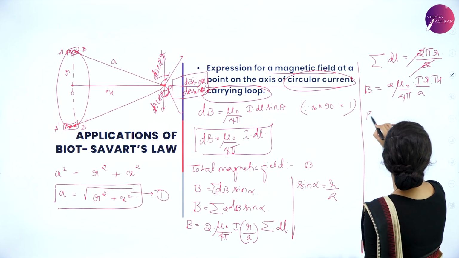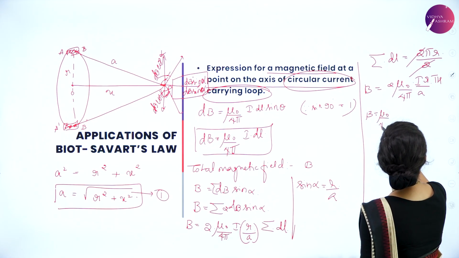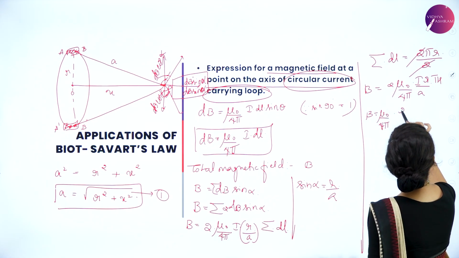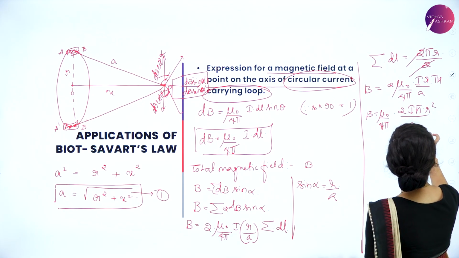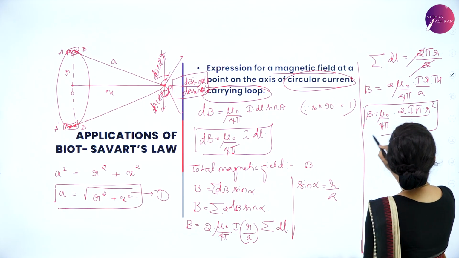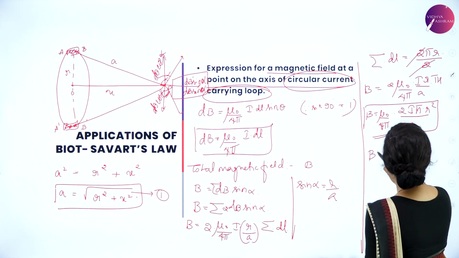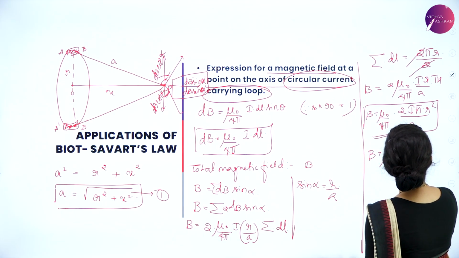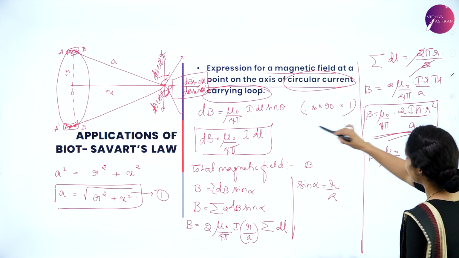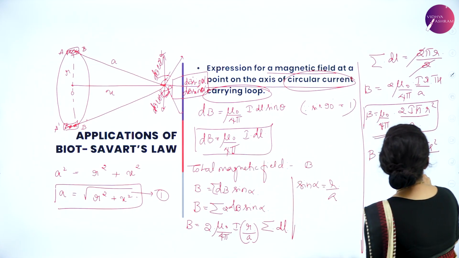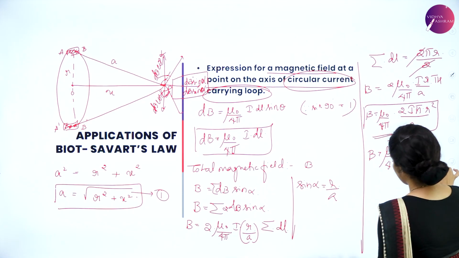So now B is equal to mu naught by 4 pi, 2 times I pi r square divided by a. This is the final notation, where a turns out to be root of r square plus x square.